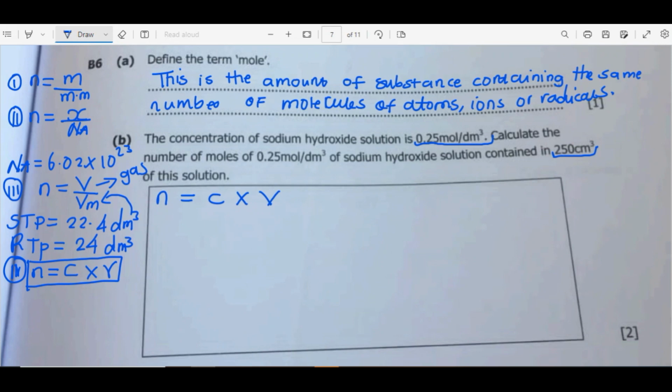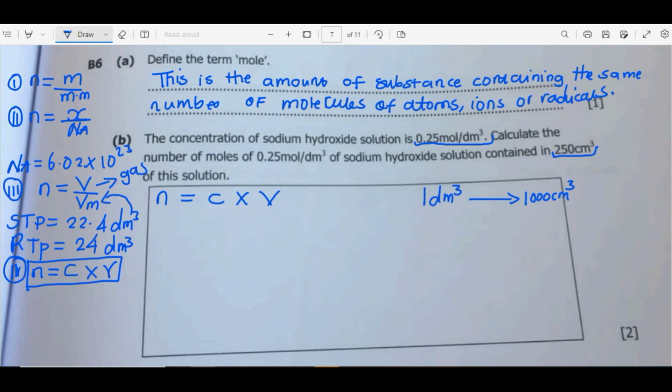So what are we supposed to do? We need to convert these 250 cubic centimeters into cubic decimeters. We are going to use this conversion factor, which says 1 decimeter cubed is equivalent to 1,000 centimeters cubed.